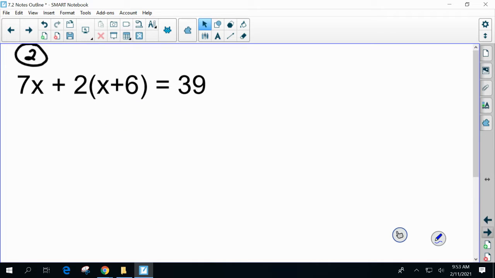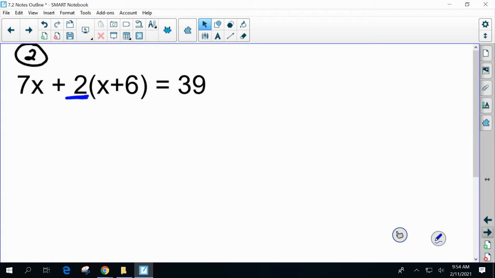Okay, number 2 looks a little bit different because we have parentheses there. So we have to take care of those first. So what do the parentheses tell us to do? Well, we distribute. So we're going to have to distribute this 2 to the parentheses.